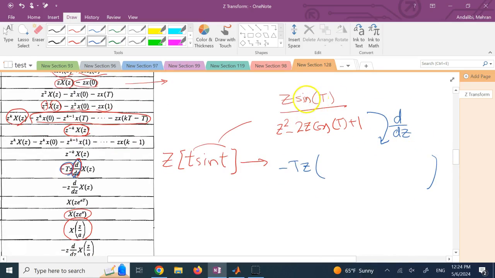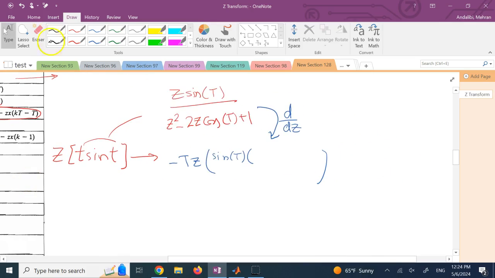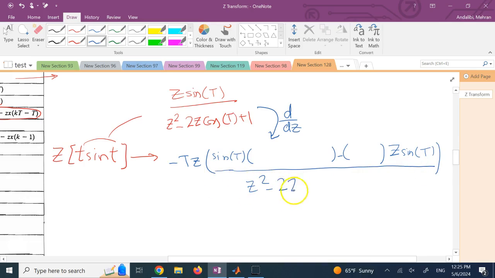And this is a ratio, so it's going to be derivative of numerator times denominator, so sine of t times the whole denominator, minus derivative of denominator times z sine of t, and then the whole thing divided by the denominator squared. Like that.